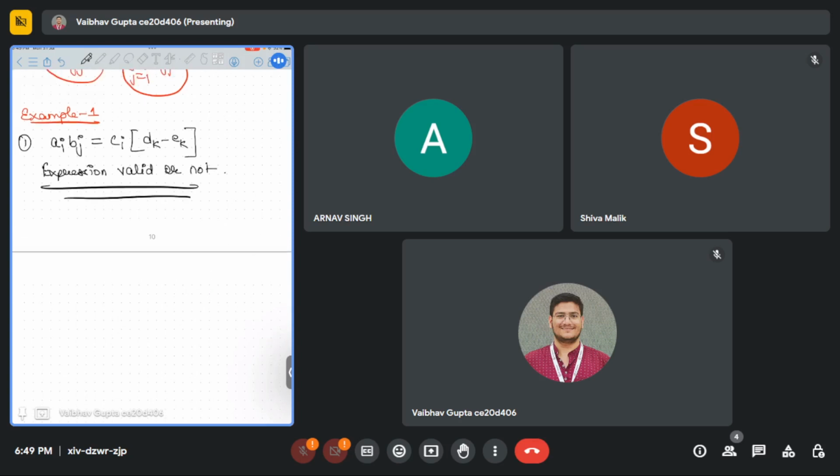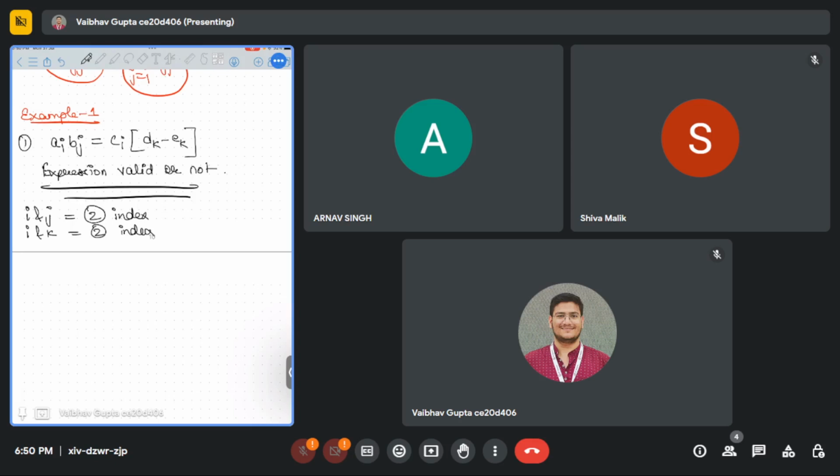First of all, we'll check this thing. See, in the left hand side, how many indices do we have? I and J. Two indices we have. Whereas in the right hand side we have I and K. Two indices.